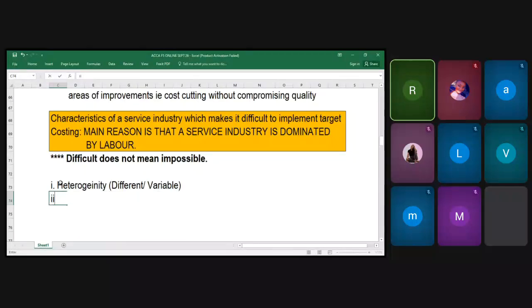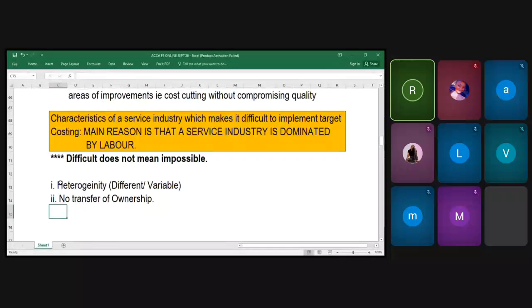Number two, no transfer of ownership. You can't transfer ownership from the owner to the customer. If you go to a good manufacturing company, for example, you buy a cake, you get a receipt, you take the cake home.